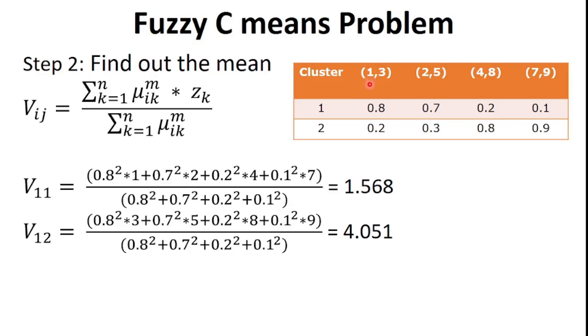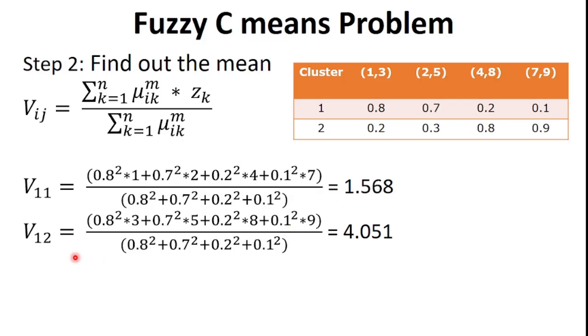In V11 we consider the x values alone of all 4 data points. So it is 0.8 square into 1 plus 0.7 square into 2 plus 0.2 square into 4 plus 0.1 square into 7, whole divided by the sum of the squared membership values: 0.8 square plus 0.7 square plus 0.2 square plus 0.1 square. If you simplify you will get V11 as 1.568.